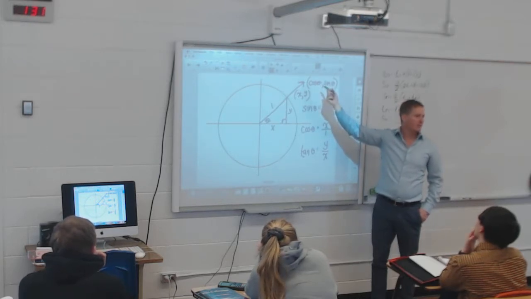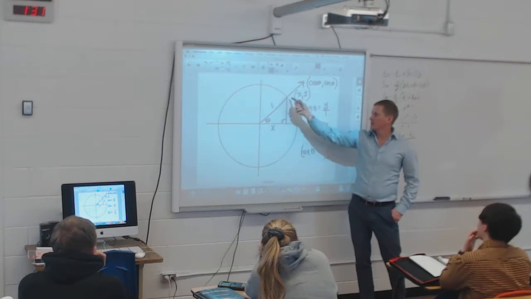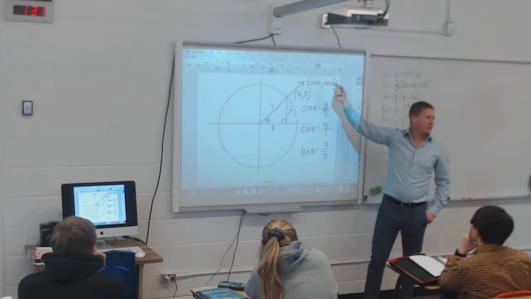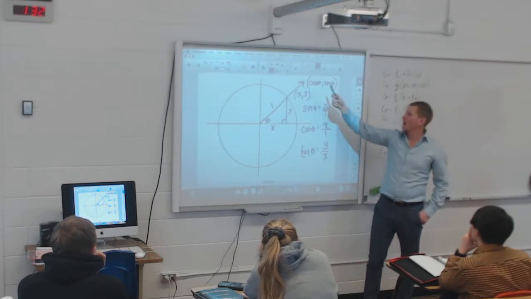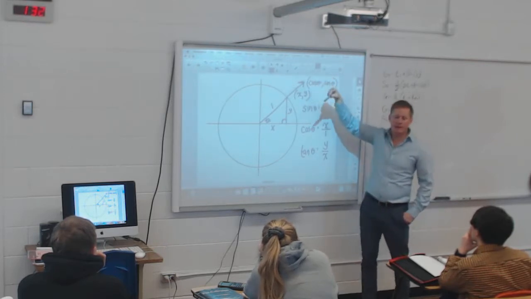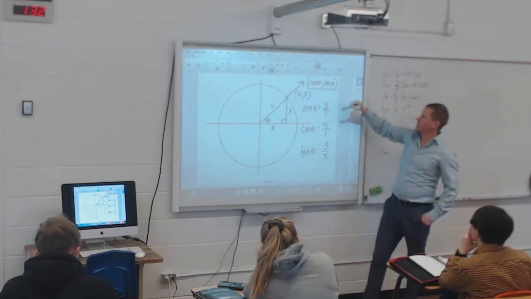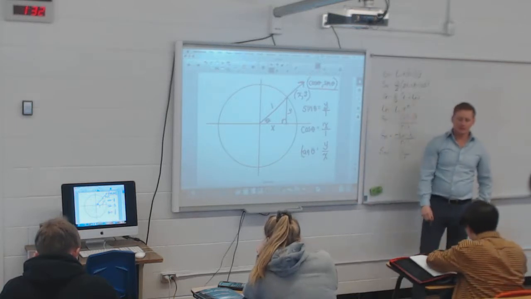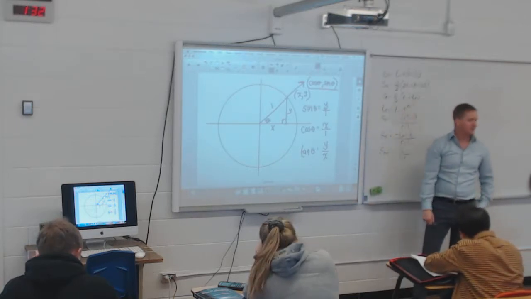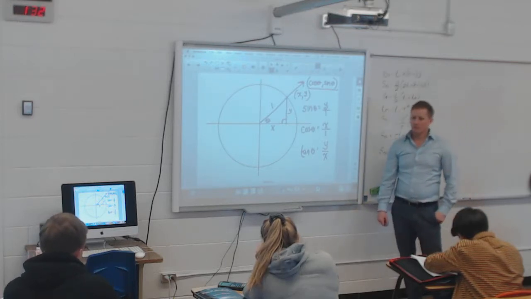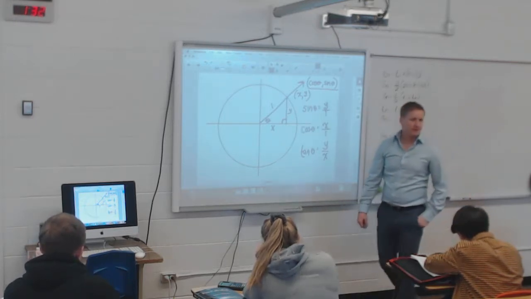And if I didn't know what y was, it'd be the ratio of sine theta. I want you to write this in the top right corner of the page I just asked you to draw: cos theta, sine theta, at the top of that page. Everybody's got that down?